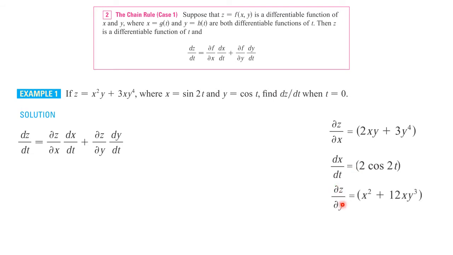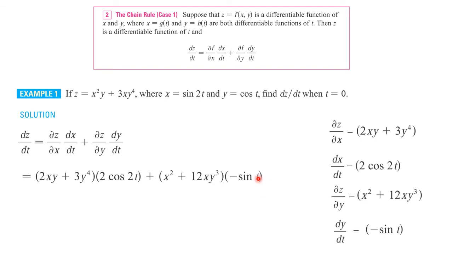Partial z over partial y: differentiate z with respect to y and consider x as constant. We'll get x squared plus 12xy cube. dy over dt is equal to minus sine t. Put all these values in the formula and we'll get this. Now we want to find dz over dt when t is 0.